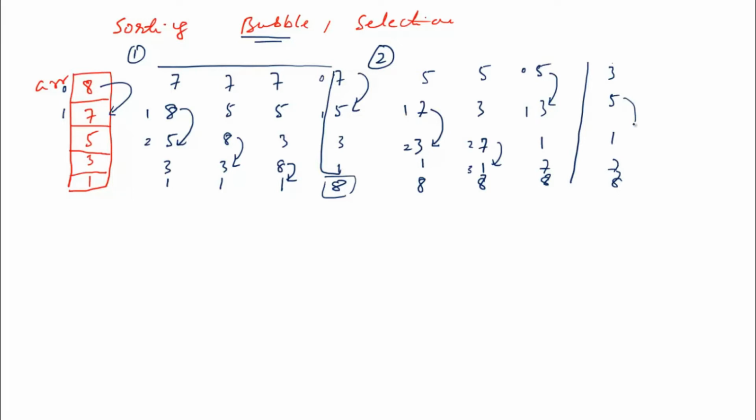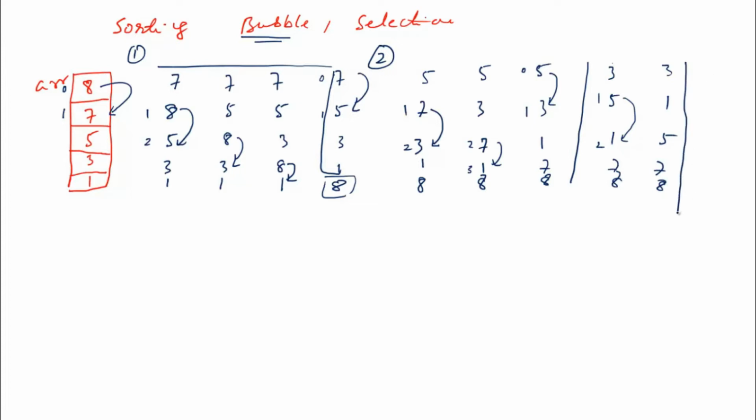Then it checks position 1 to 2: position 1 contains 5 and position 2 contains 1. Obviously 5 is greater than 1, so it will swap like this: 1, 5, 7 and 8. You see the values 5, 7 and 8 are arranged here.